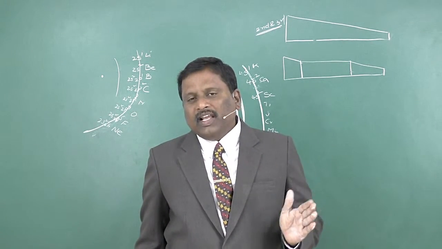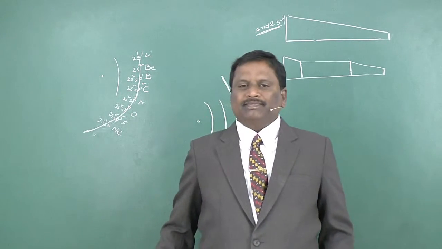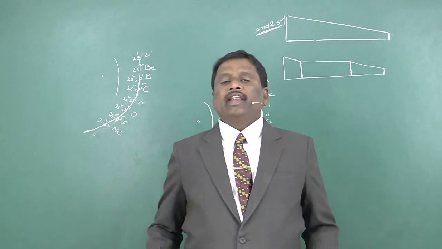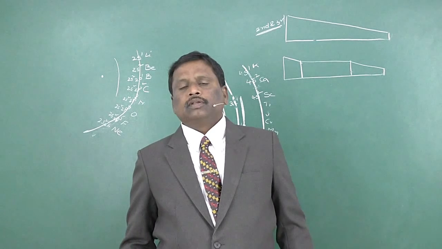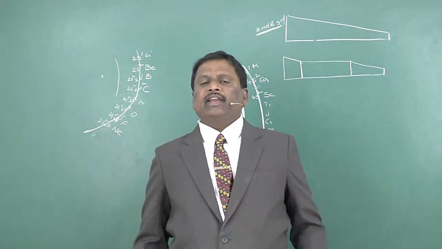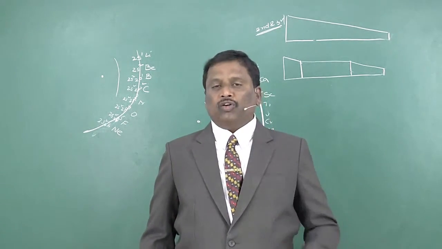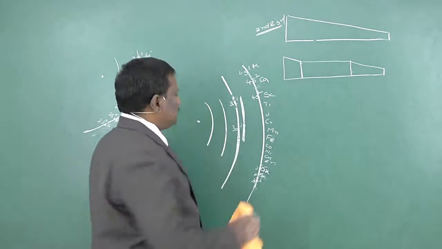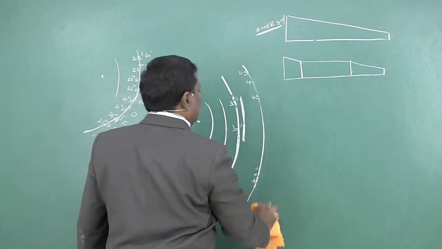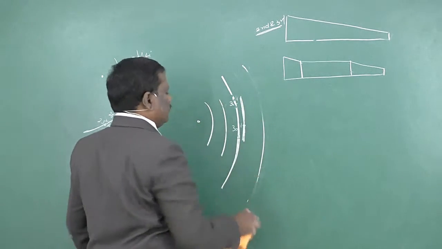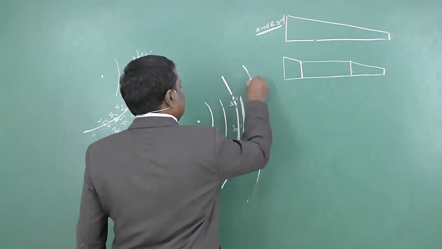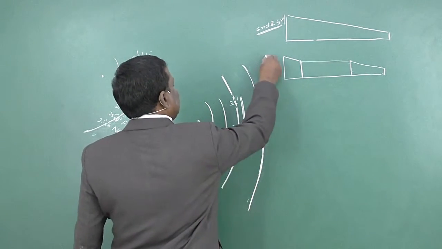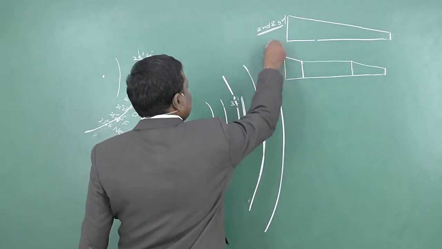Lanthanum onwards, in the next 14 elements, the last electron will enter the n-2 f orbital. That means here, in the d block elements, this is the fourth energy level, this is the fifth energy level, and this is the sixth energy level.